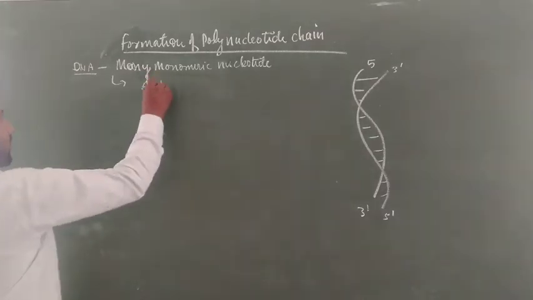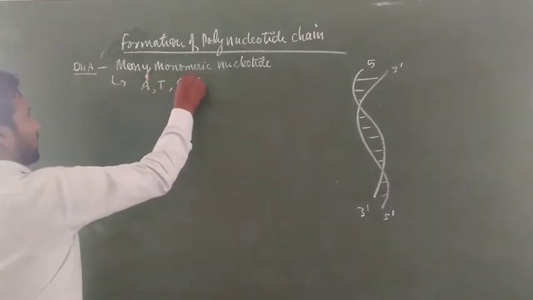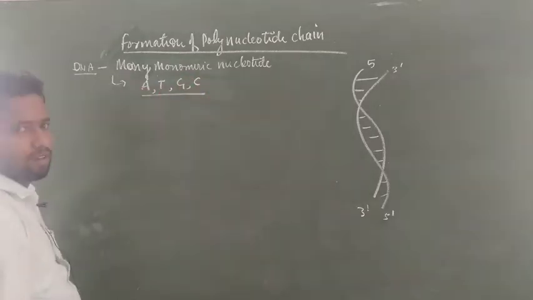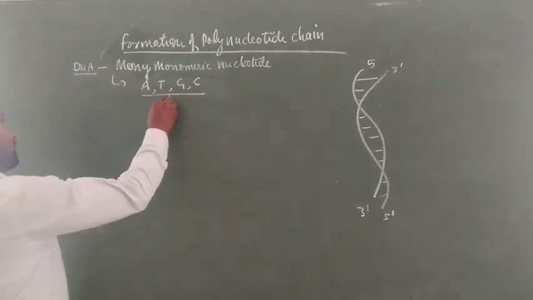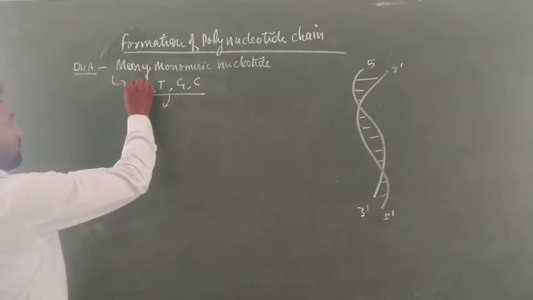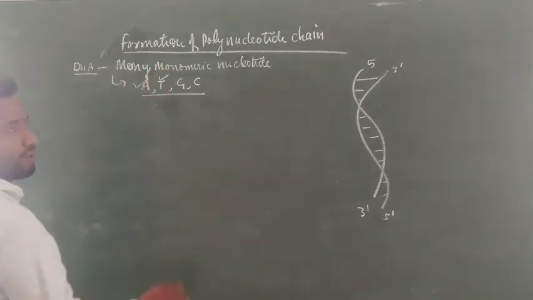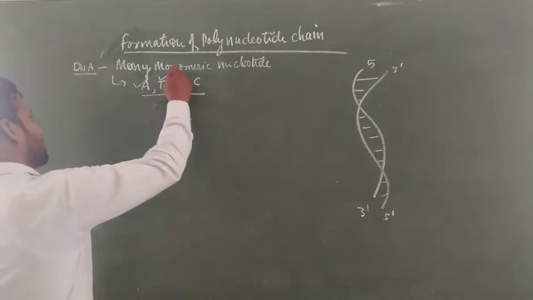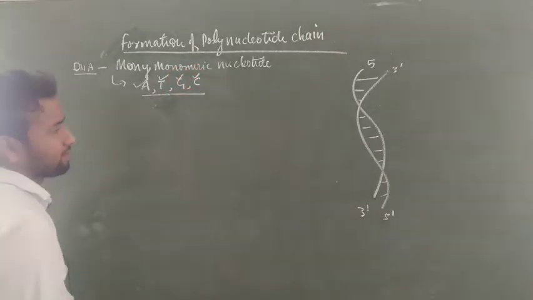Adenine, thymine, guanine and cytosine are present in case of DNA. The nucleotides must have adenine, thymine, guanine and cytosine. But in case of DNA, uracil is absent.